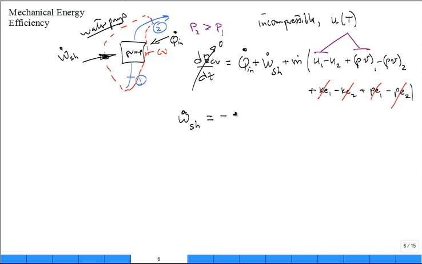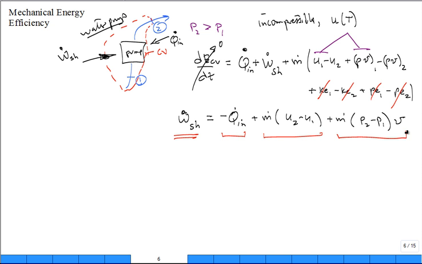It either goes into negative Q dot in, which is a Q dot out, plus a mass flow rate times U2 minus U1, plus mass flow rate times P2 minus P1 times V. Either the flow of energy coming into that control volume in the form of shaft power goes into heat transfer to the surroundings, or it goes into making the fluid warmer, or it goes into what we really want. What do you really want? We want a boost in the pressure. This was a change in the mechanical energy of the flowing fluid.